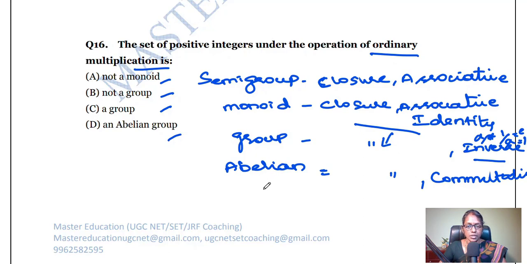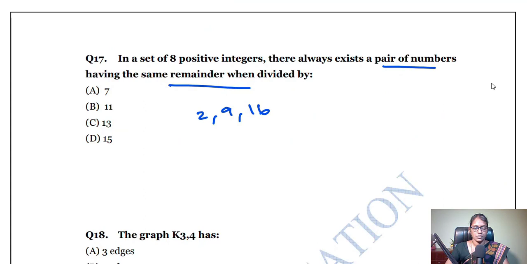So for abelian group: closure, associative, identity, inverse and commutative law. Everything holds for the natural numbers under ordinary multiplication, so this will come under an abelian group.